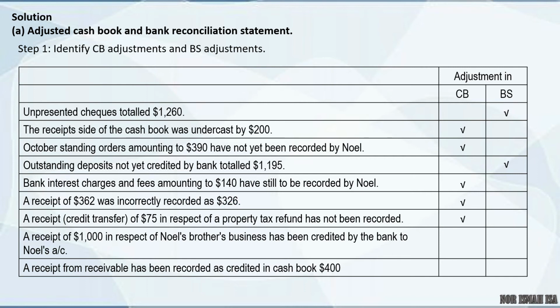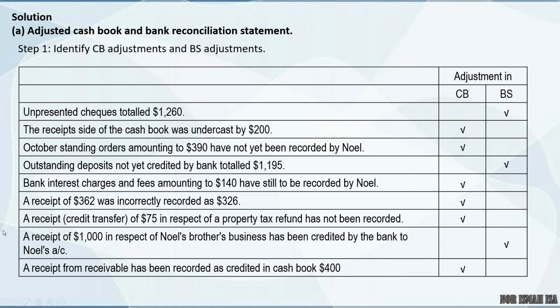And then this is an error made by the bank. It should go to the No Brothers business, but the bank mistakenly recorded it in another account on the credit side. We need to do the adjustment in the bank statement. And this one, a receipt from a receiver has been recorded as credited in the cash book. So this happened in the cash book and we need to adjust in the cash book.